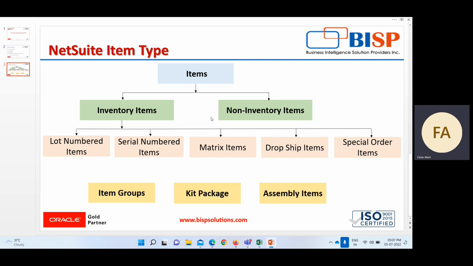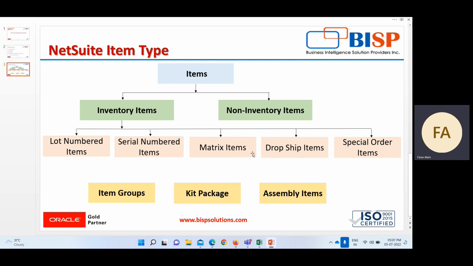So matrix item lets us track the item by options such as size and color. An item matrix consists of a parent item and sub item. I mean, there can be certain components under the matrix item that are made of a parent item. So under the matrix item, there can be a parent item and it has its sub items also.